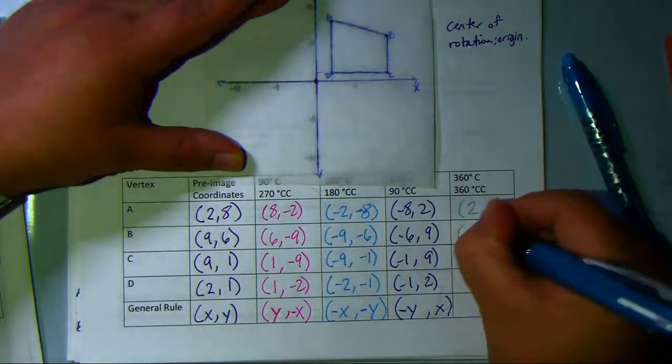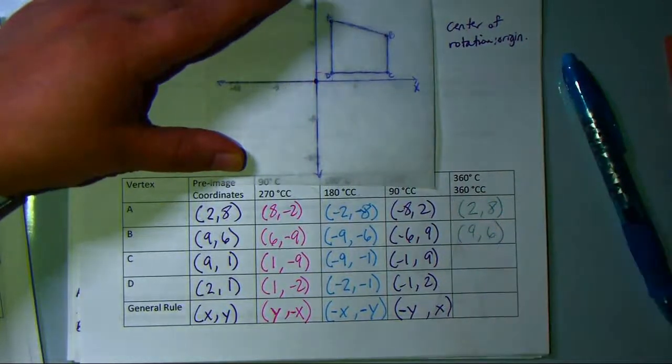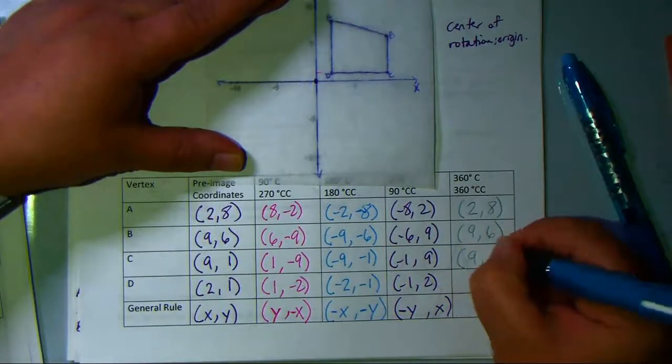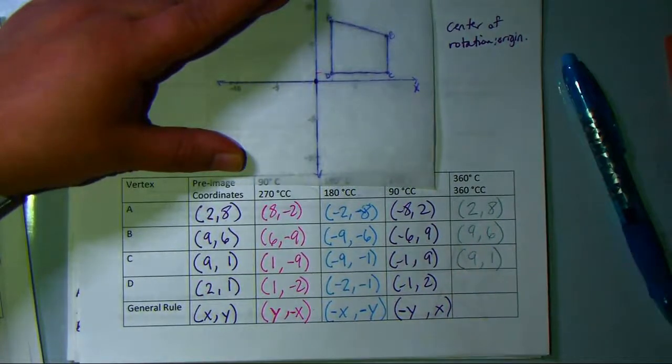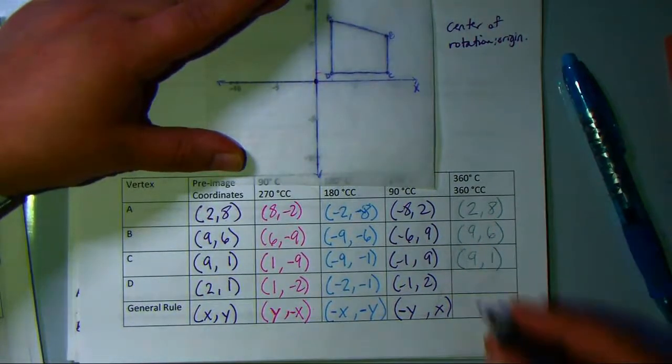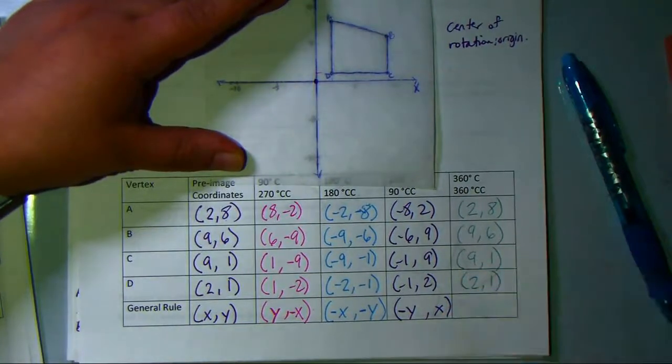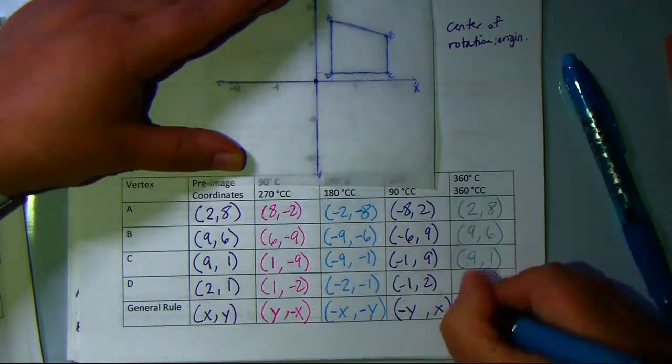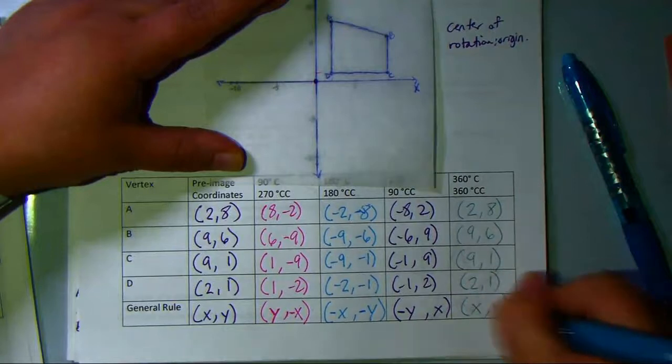They are at 9, 6 for B. C is at 9, 1. And my D is at 2, 1, which means we went full circle and got back to our original X and Y.